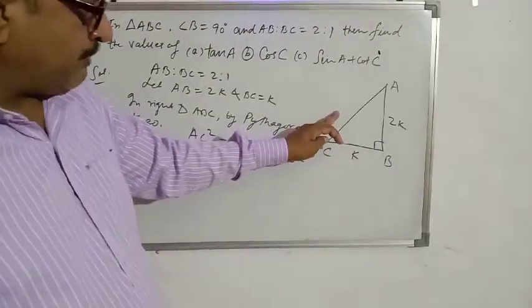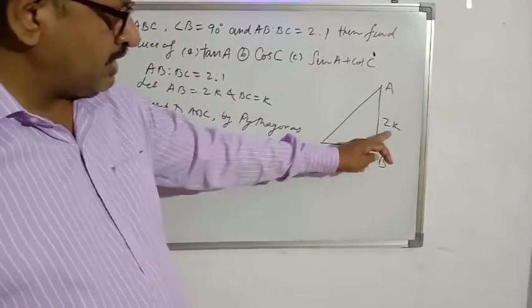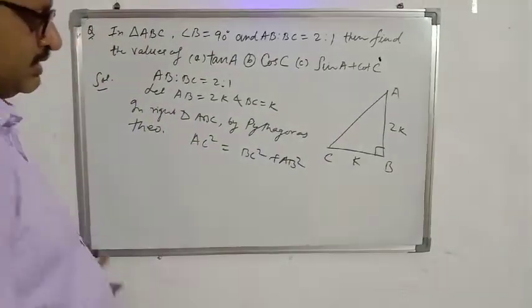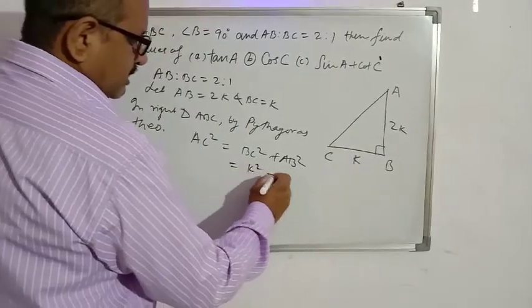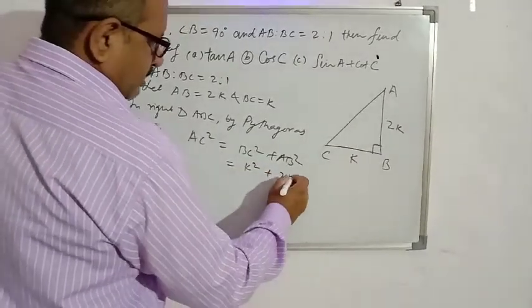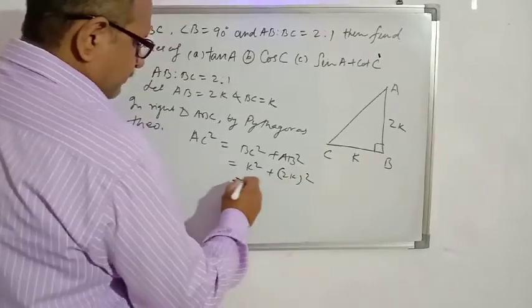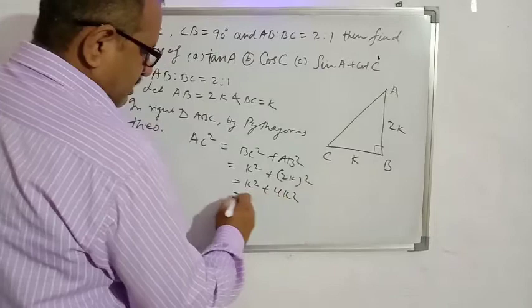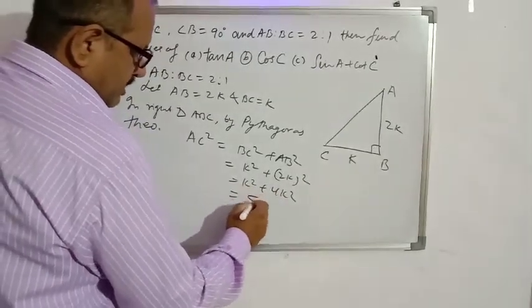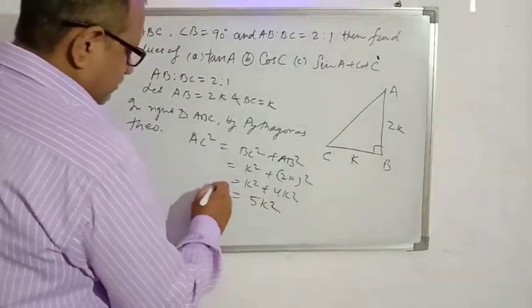The square of the hypotenuse is equal to the sum of the squares of the other two sides. BC is K, so K square, AB is 2K, so 2K whole square is 4K square. 4K square plus K square is 5K square.